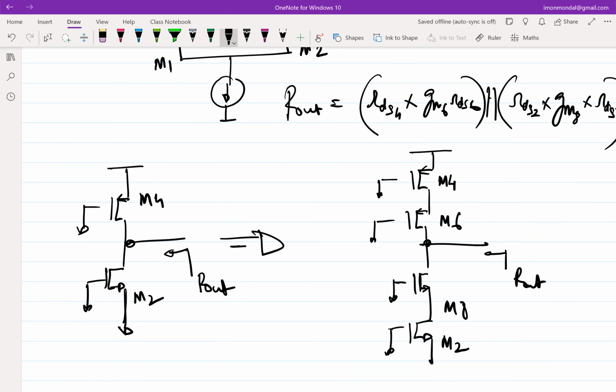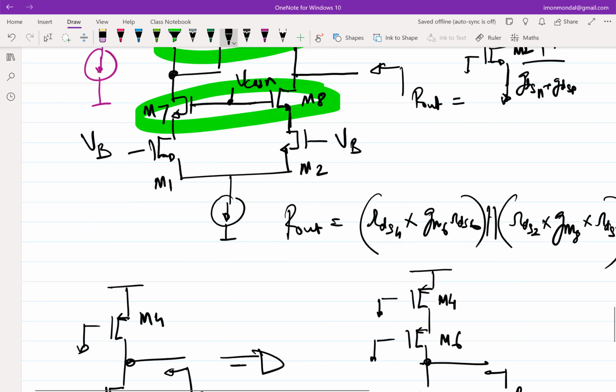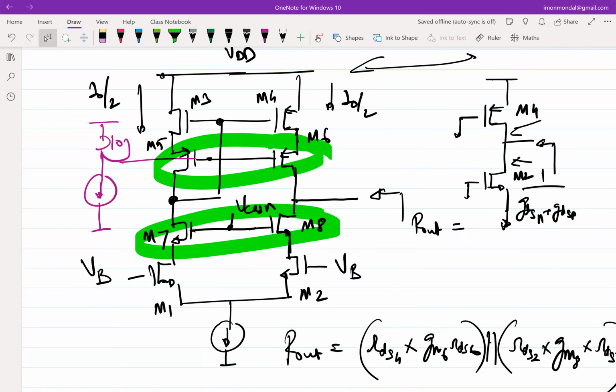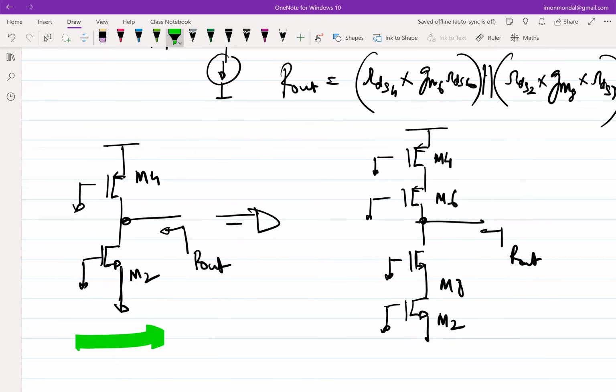But note that this is only a model, right? It's not as if the output impedance of your difamp is a parallel combination of M4 and M2, because those are not the only two transistors. There is current mirroring action happening that makes it behave ultimately like this configuration.